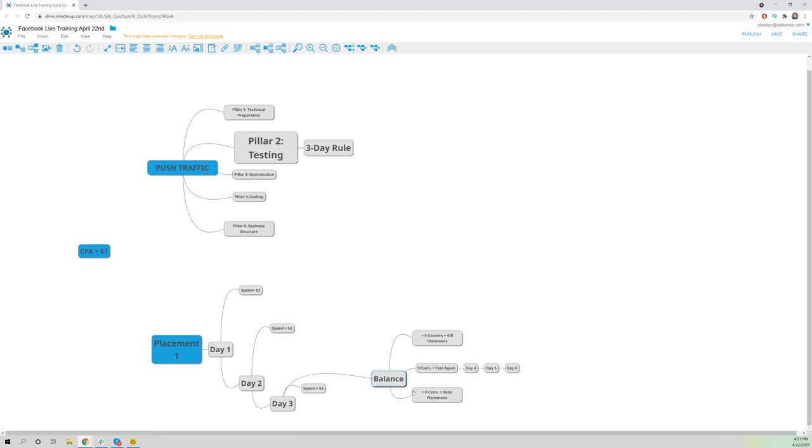We want to shorten that testing period as much as we can. But if your budget doesn't allow you to run as aggressive as the 3-day rule, stretch it out a little bit. It doesn't really matter if one placement meets it and another doesn't, as long as you give every placement the time and spend of at least 3 days and at least 9 times CPA.